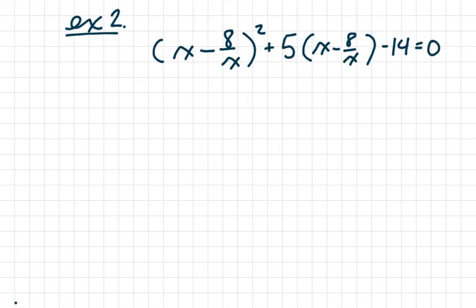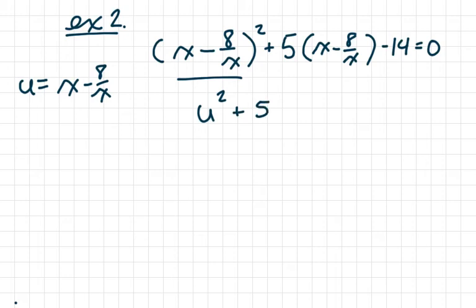That looks very quadratic to me immediately. So I'm going to use my u substitution, and I'm going to make u be just x minus 8 over x, right? That'll allow me to sub out this big crazy looking thing for just a u. So now I have u squared plus 5u minus 14 is equal to 0.